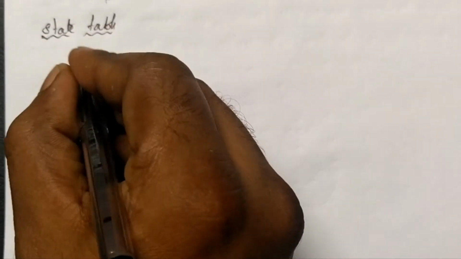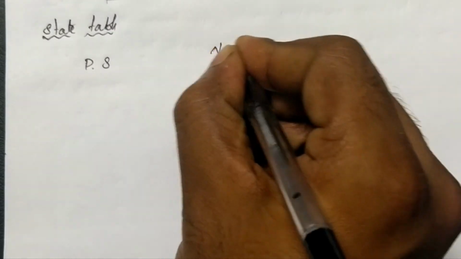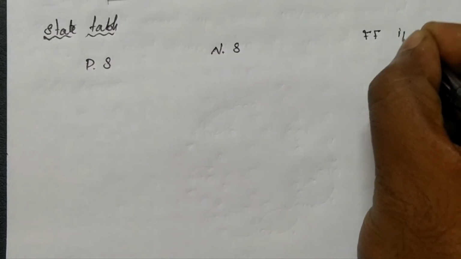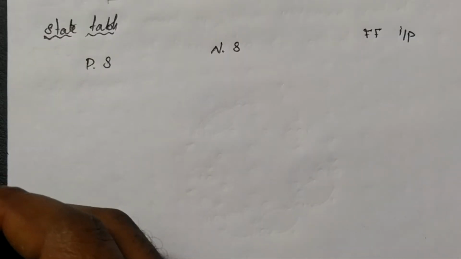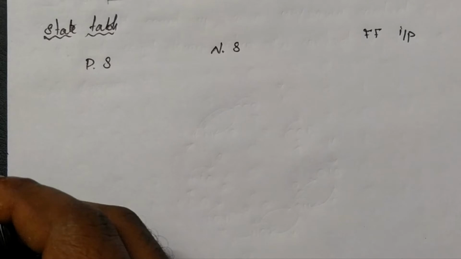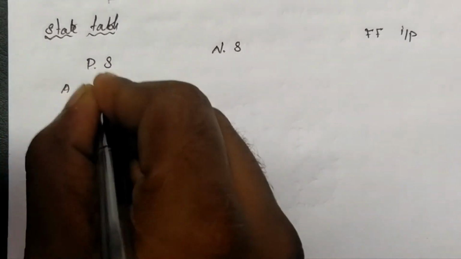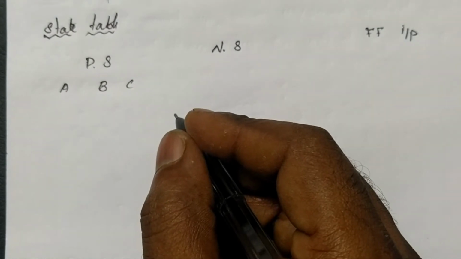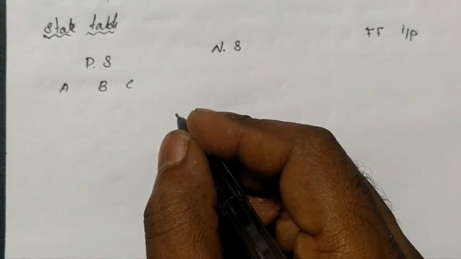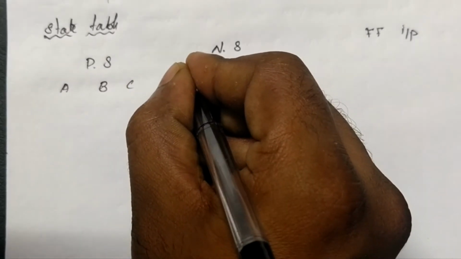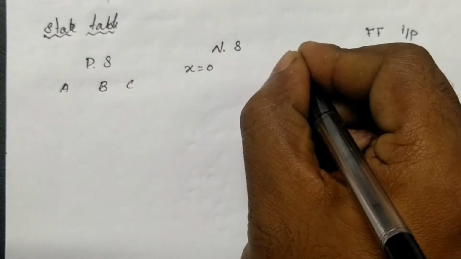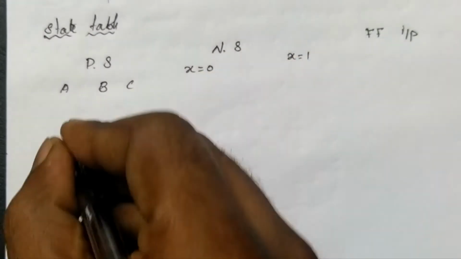So in the state table, first we will have the present state, then followed by next state. Then we will have the flip-flop input. Here totally 3 digits, therefore we need 3 variables A, B and C. The next state depends on the input X. Here for the input X there are 2 possibilities: X is equal to 0, and X is equal to 1.